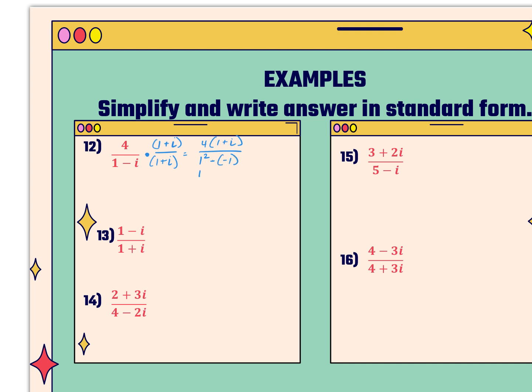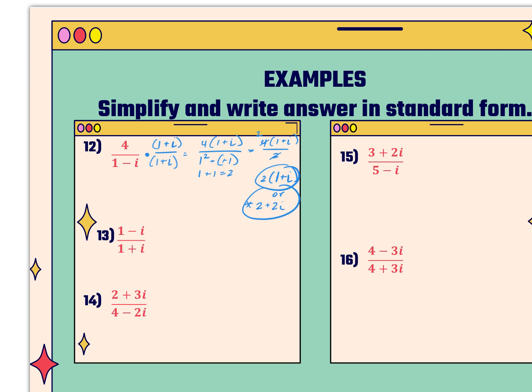So it's going to be 1 plus 1, which equals 2. So 4 times 1 plus i all over 2. And again here, I could simplify that. So my final answer is 2 times 1 plus i, or 2 plus 2i. This is my preferred method.